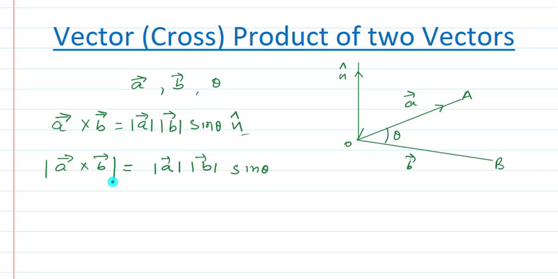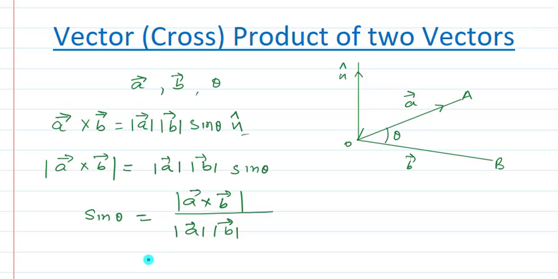Because when we take the modulus of the whole, the modulus of n cap will be 1, because n cap is a unit vector. So the modulus is only AB sine theta, and this will help us find sine theta. So sine theta is modulus of A cross B upon modulus A vector, modulus B vector.